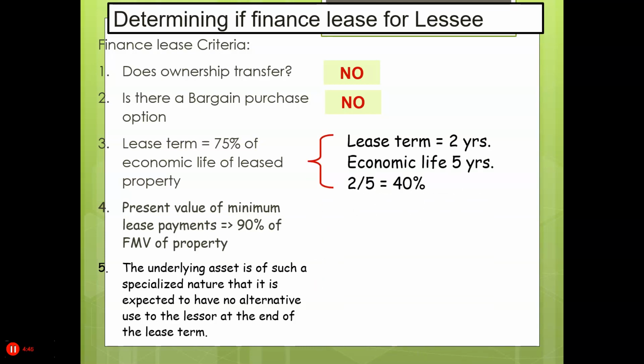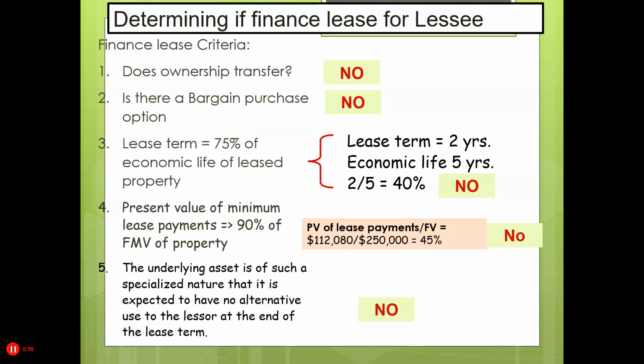In this case, the lease term is 2 years and the economic life is 5, so the answer is no, because 2/5 is only 40%. Does the present value of the minimum lease payments equal 90% of the fair market value? No. The 112,000 present value divided by the 250,000 is 45%. Is the underlying asset of such a specialized nature that it is expected to have no other usage? The answer there is no.